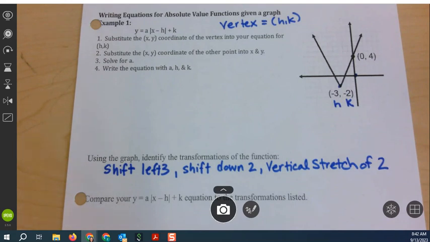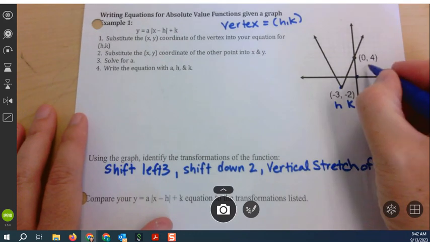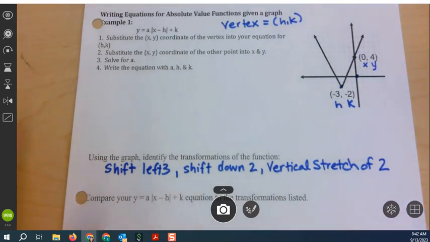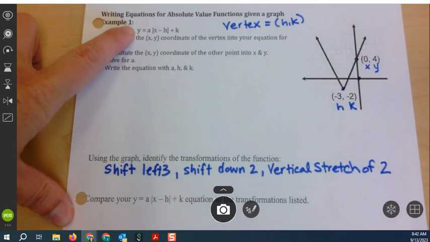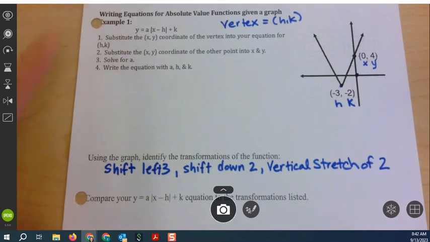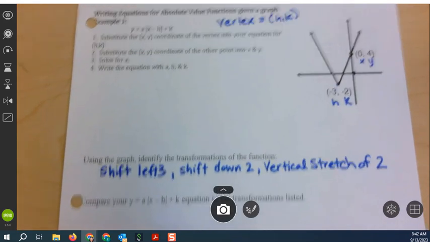Any other point on the entire V can be your x, y. You pick one point and you pick the x and y from the same point and it will work. But they gave us this point right here, so we're going to use this one. X and y. And now I'm going to substitute those numbers into the general form of the equation to find the a value. So we're going to try to find a now.